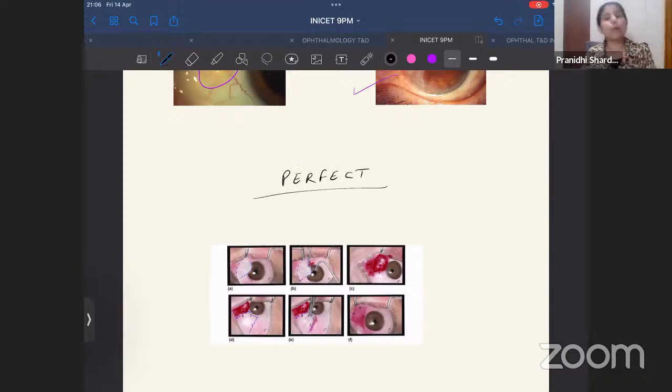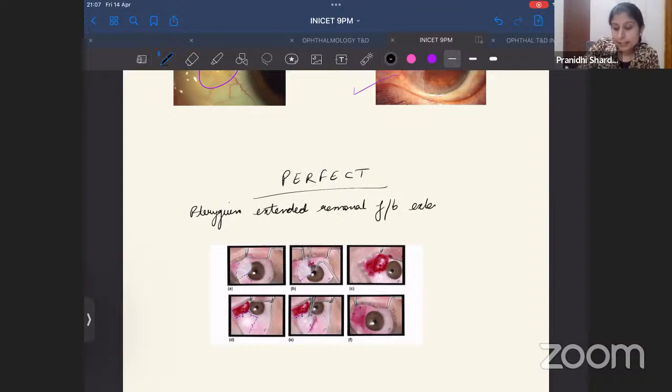This is known by the name of the PERFECT surgery, and PERFECT stands for pterygium extended removal followed by extended conjunctival transplantation.